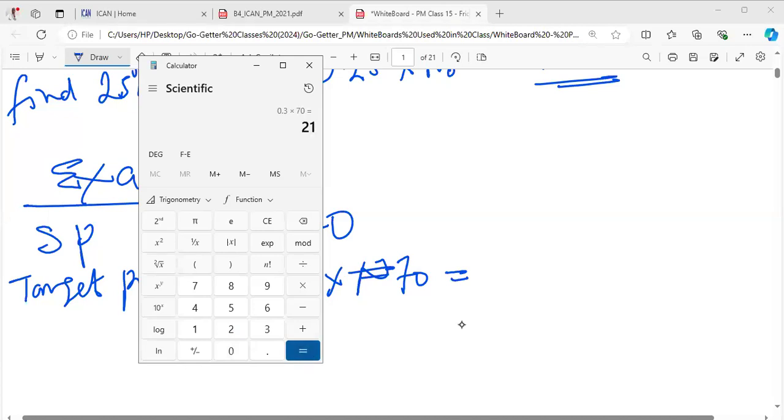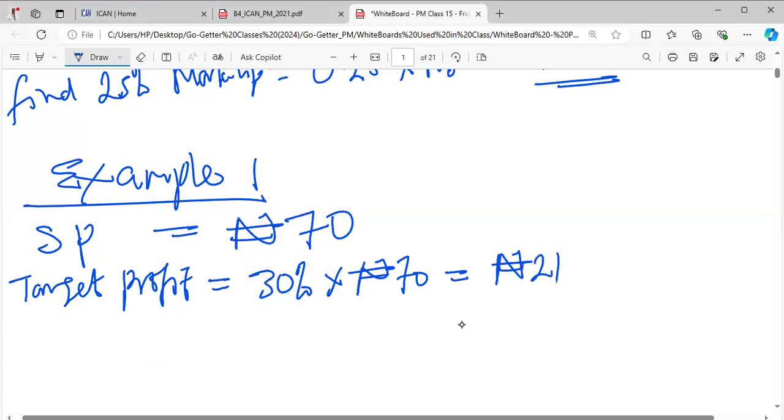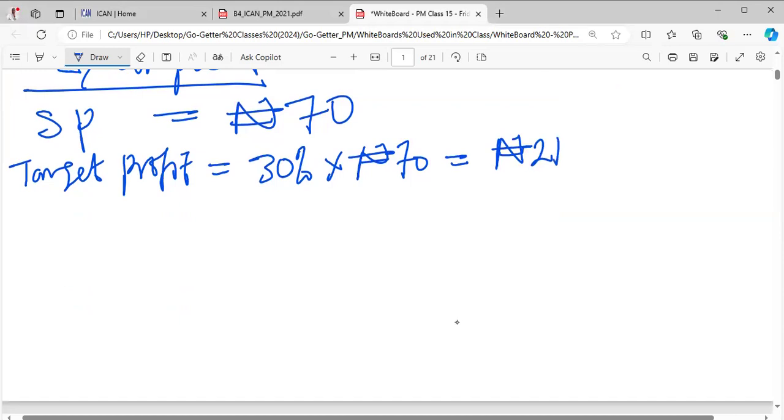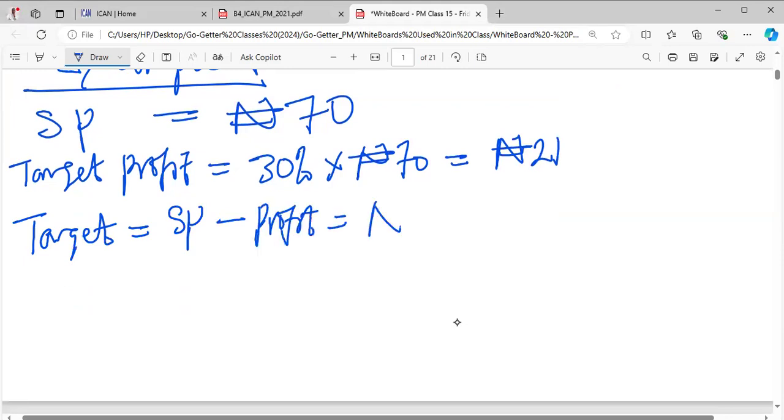So 21 naira will now be our target profit. So what should be our target cost? Our target cost will be selling price minus profit, which is 70 minus 21.